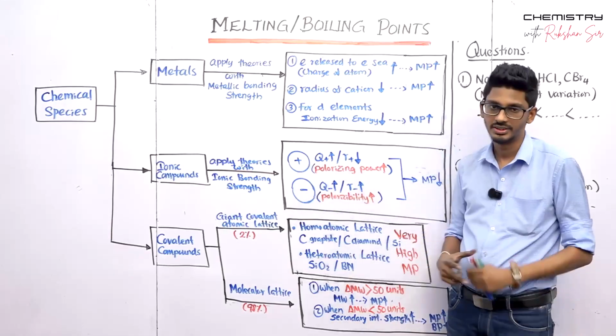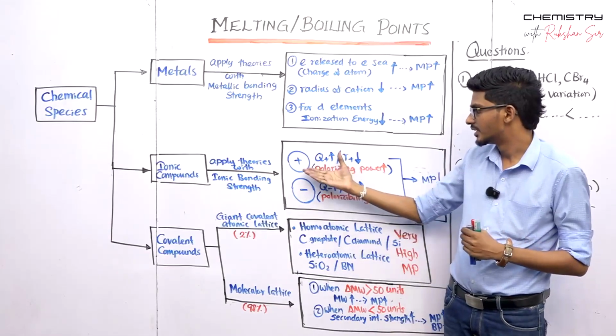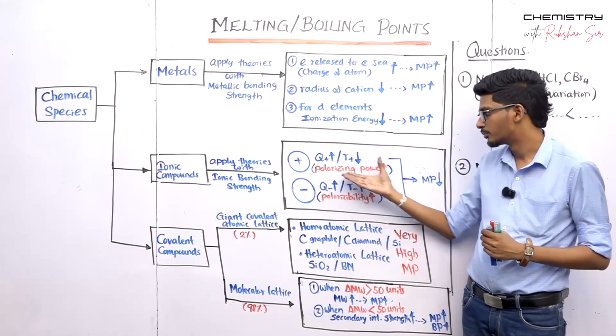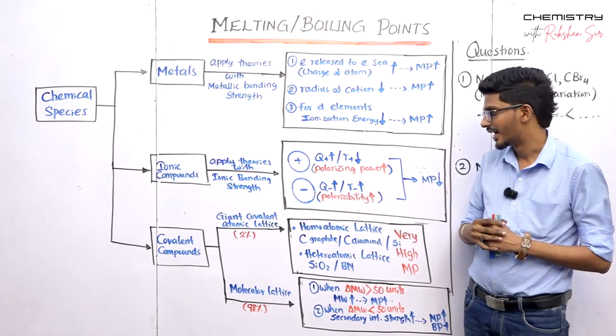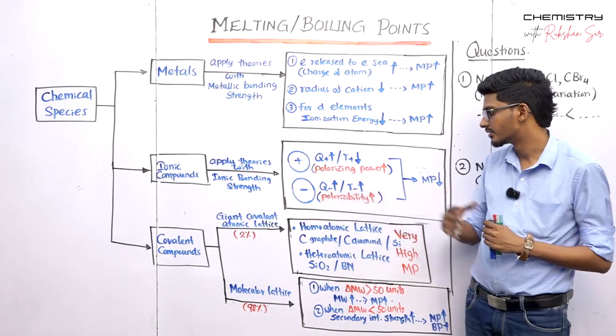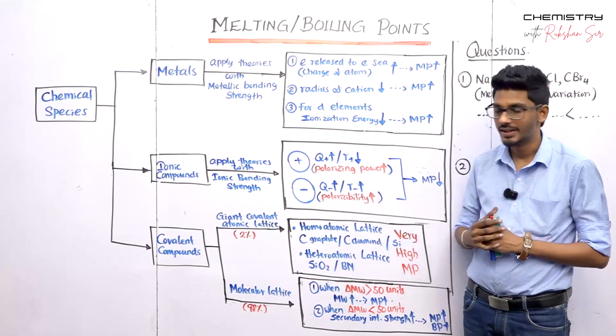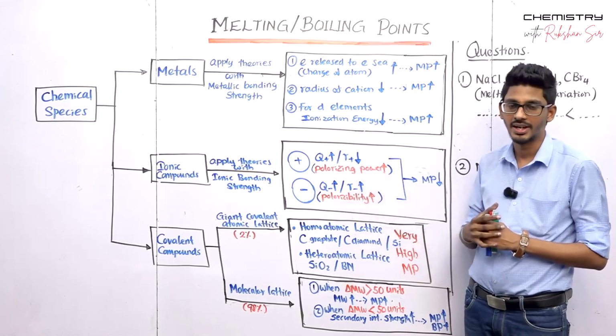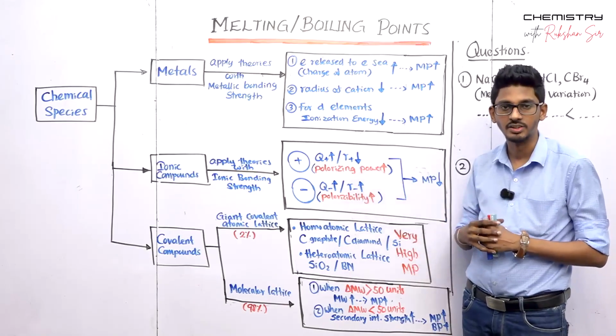That is Fajans' rule. What happens when the cation's charge is high and the radius is low? The cation's polarizing power will be high. As for the anion, if it has a greater charge and a greater radius, its polarizability will be high. That leads to greater covalent character and weaker ionic character in your ionic bond.